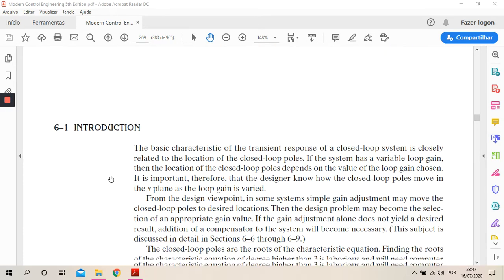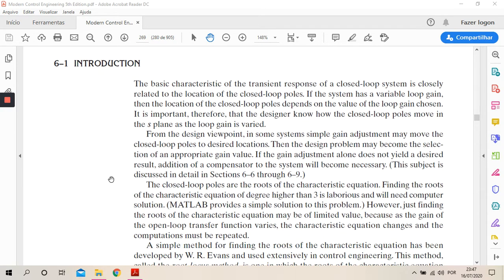First of all, we are going to see an introduction that's going to help us understand the purpose of using this technique. The basic characteristic of the transient response of a closed-loop system is closely related to the location of the closed-loop poles.